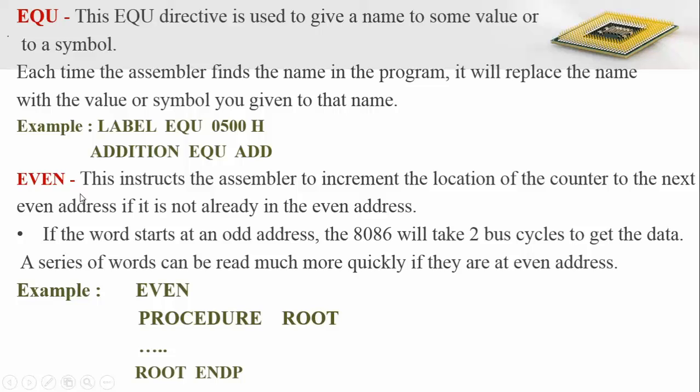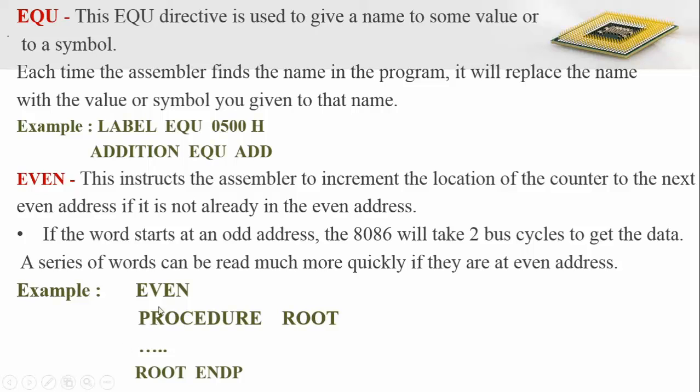It increments the location counter to point to the next nearest even address location. If it is currently not at an even address location, this assembler directive EVEN increments and points to the next nearest even address location of our memory.